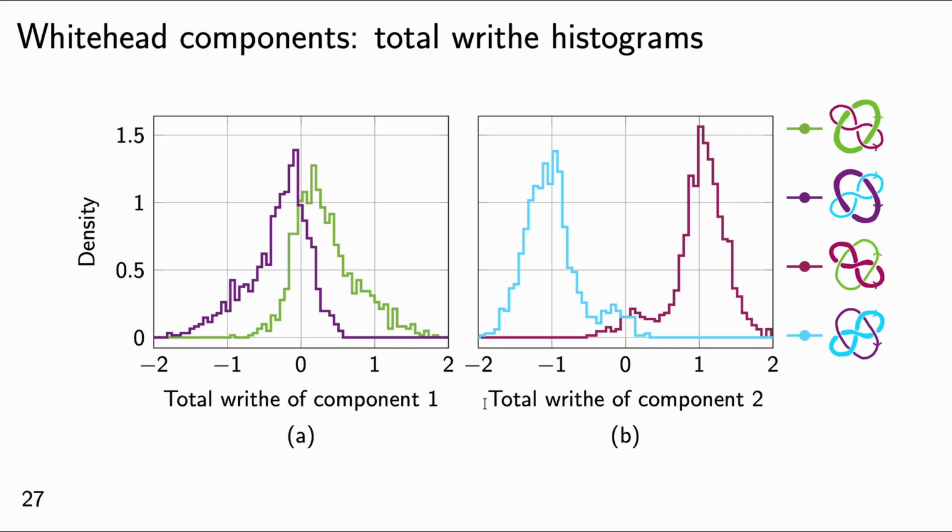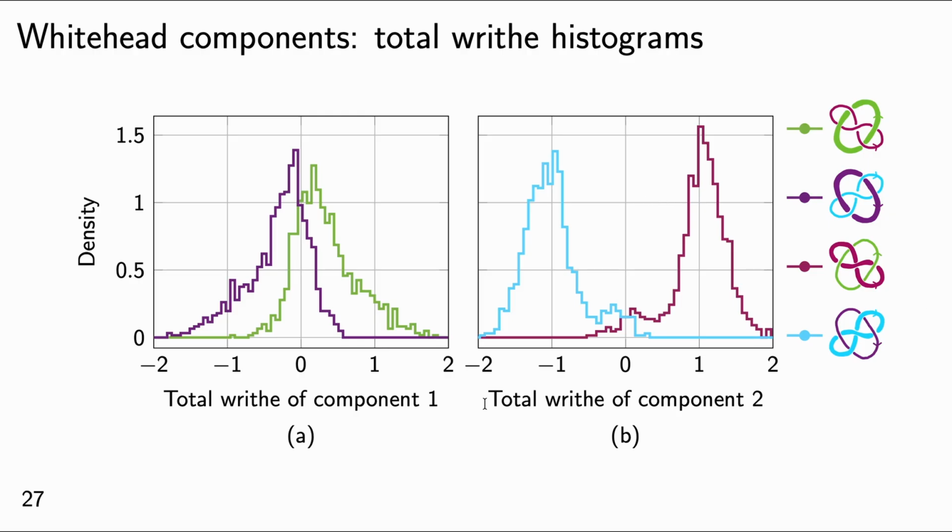So the total Writhe is the sum of all the elements in the top left block. So that's the Writhe of component green with component green, and the Writhe of component magenta with component magenta, for example. And so what we have here is this green trace showing you the total link Writhe of this green component in the training data. And we have the total link Writhe of the magenta component of the training data.